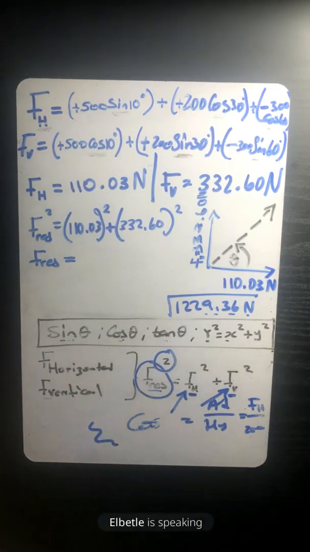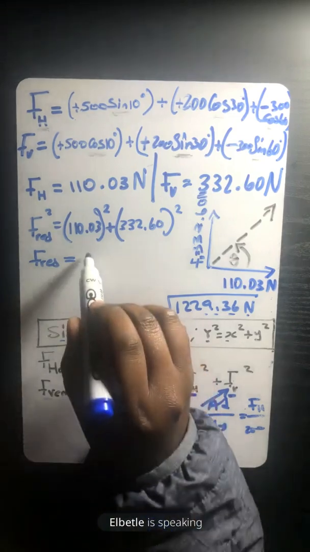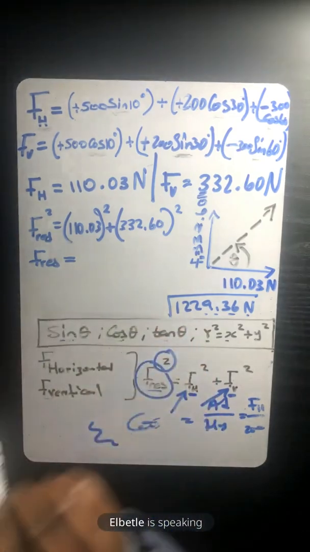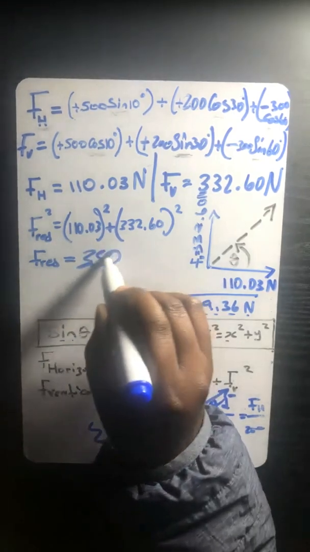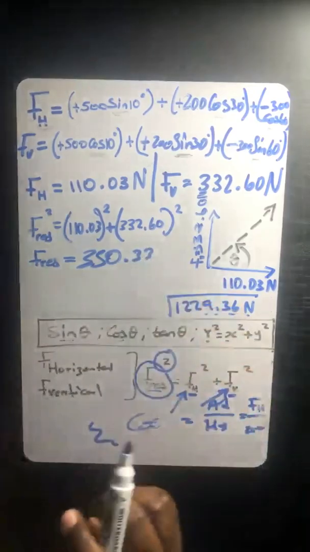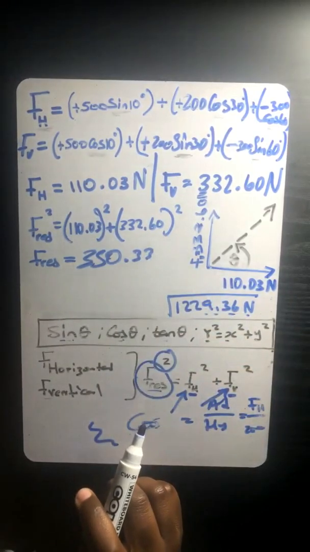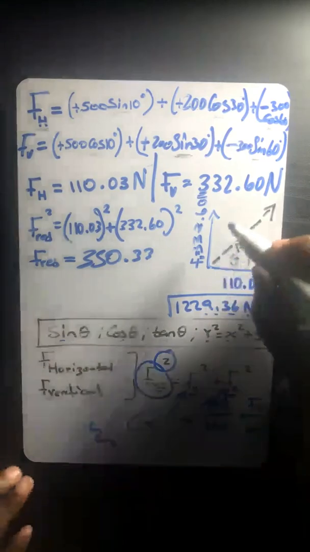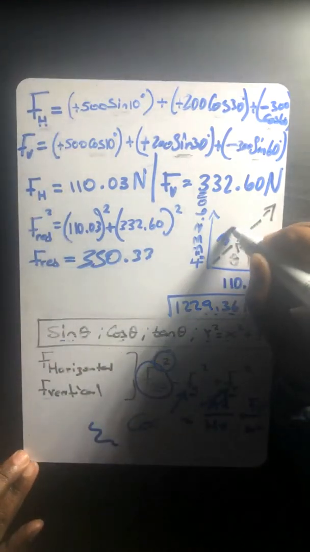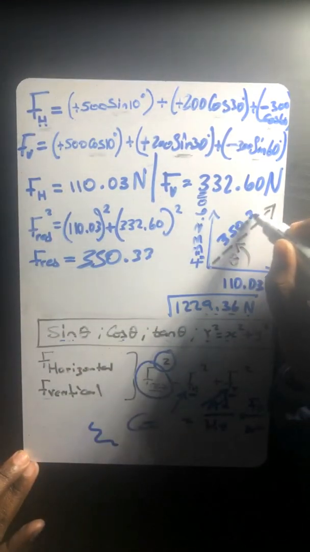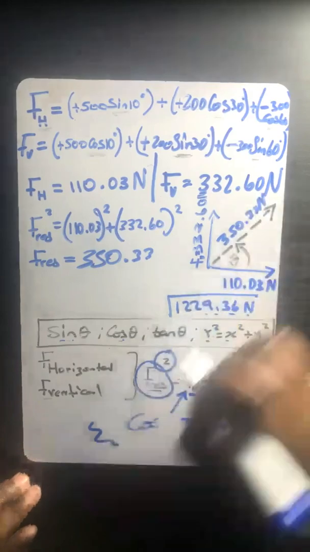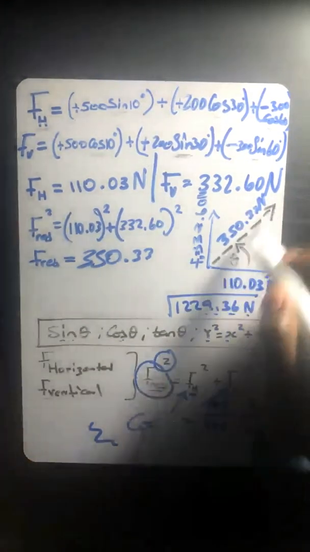Yeah, so it's giving me 350,33. So this is the resultant force. It'll be 350,33 Newton.